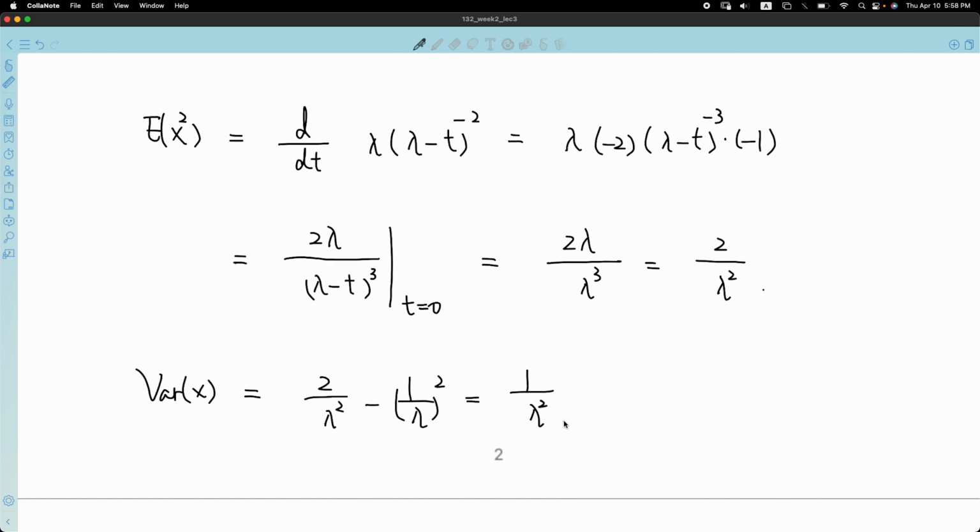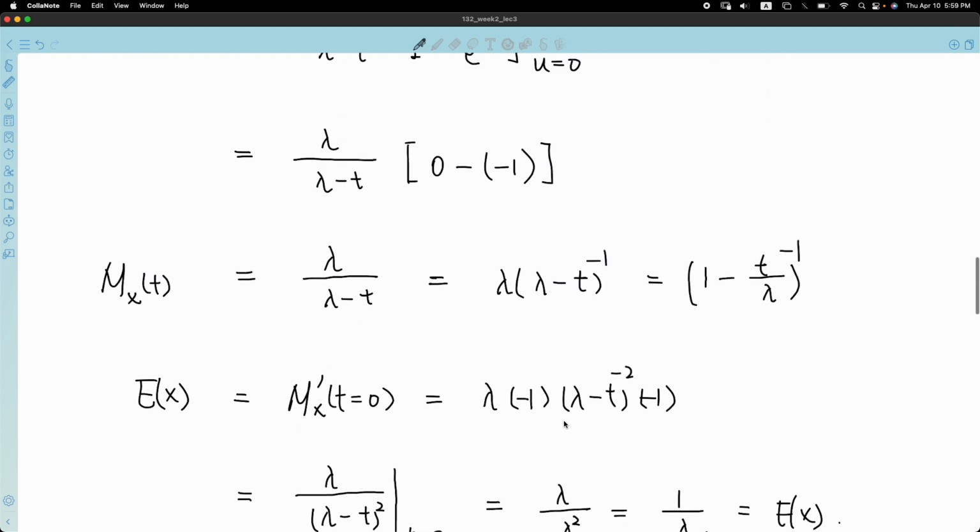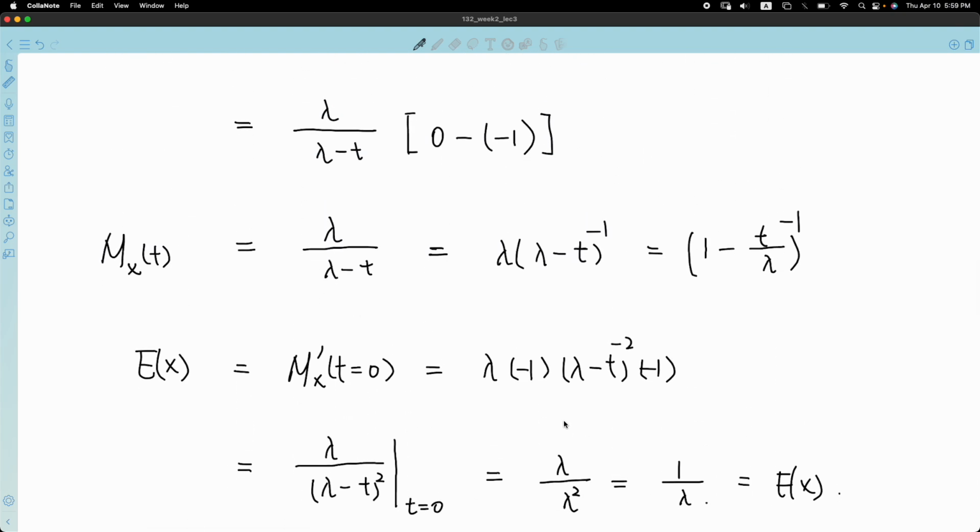Yes, go ahead. So the reason why you rewrote the moment generating function 3 different times is just so that your derivative would be easiest? You mean this line here? Yeah, it just depends on which one you want to use. For example, I use this expression when I take the derivative, and I use the fraction form when I want to evaluate something. Later you will see this expression is also useful for something else. They are all equal, right?